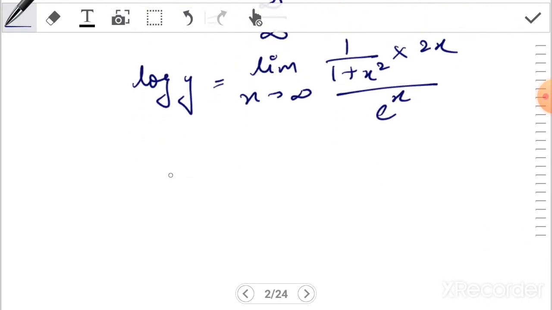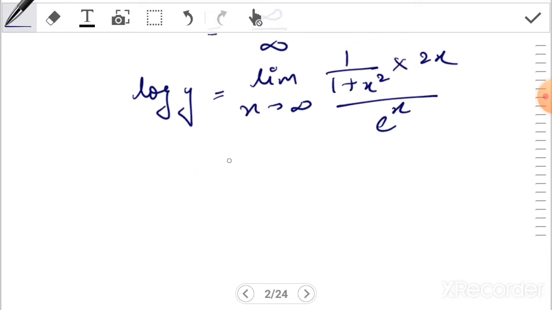Now this can be taken in the denominator, so 1 by (1 + x squared). Again if you put x equal to infinity, we are getting infinity by infinity, so again apply L'Hospital's rule.